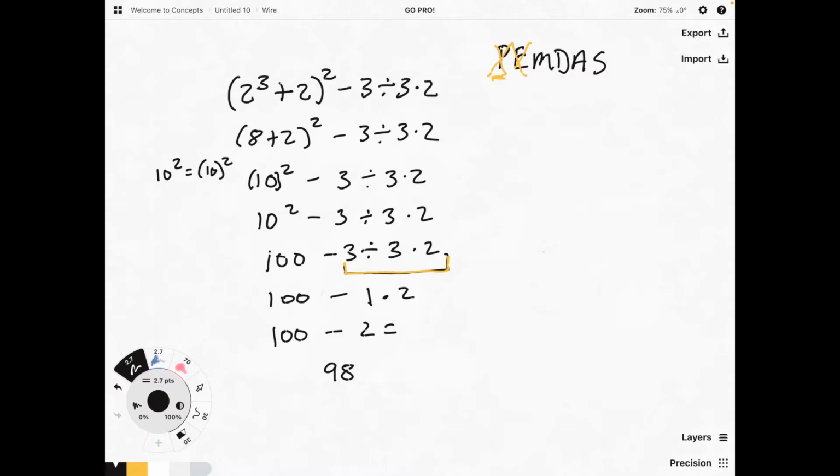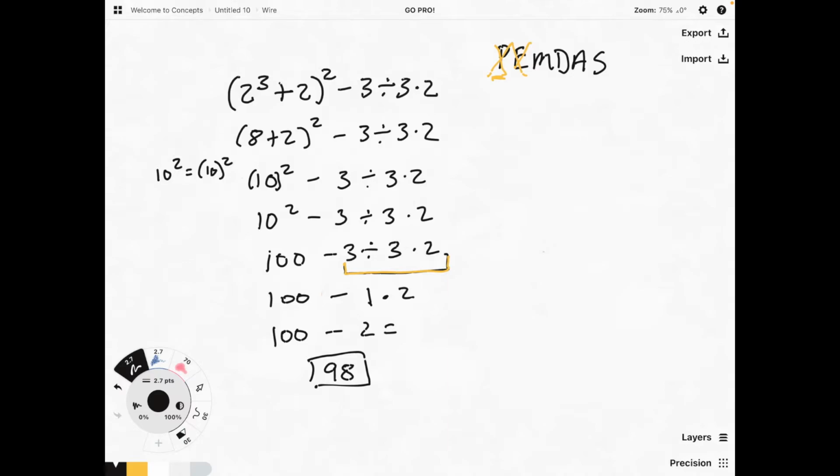You might ask, why did I do 3 divided by 3 first instead of 3 times 2 first? If we are in a cluster of multiplication and division and they're only separated by multiplication and division, then it doesn't matter the order in which you do it.